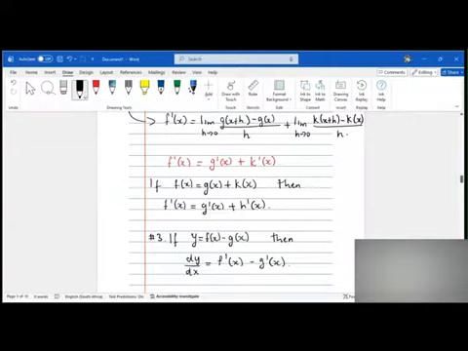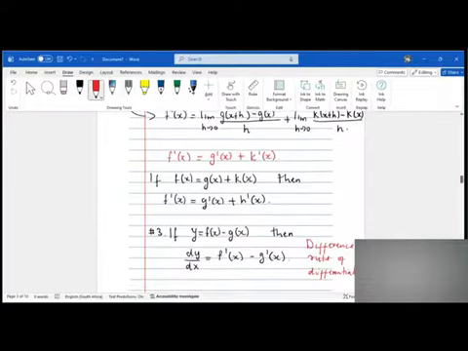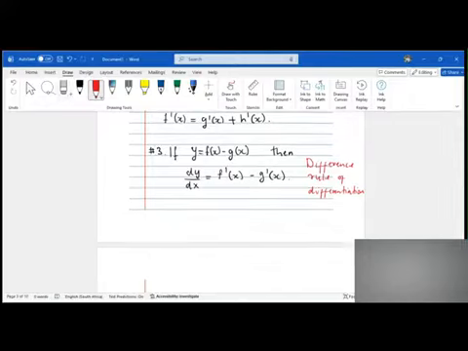So we have the difference rule, and we prove it in the same way. This is very important because you can apply it in the field of engineering, IT, applied mathematics, and in calculus itself. So it's very important to know this.